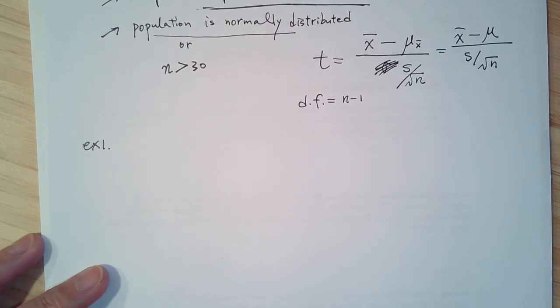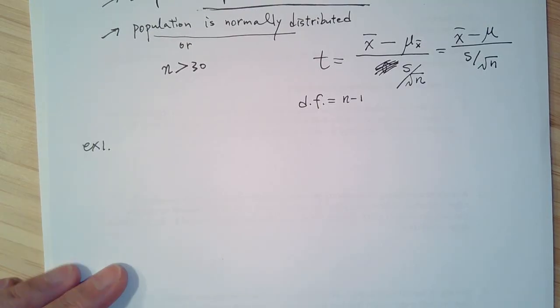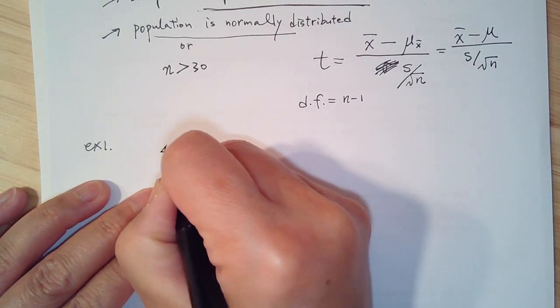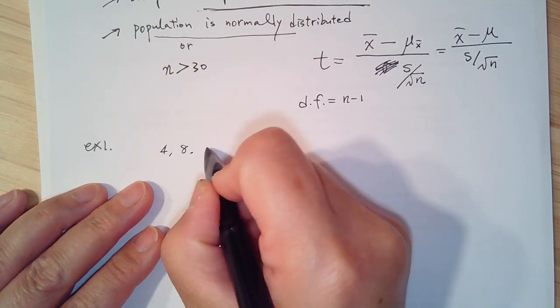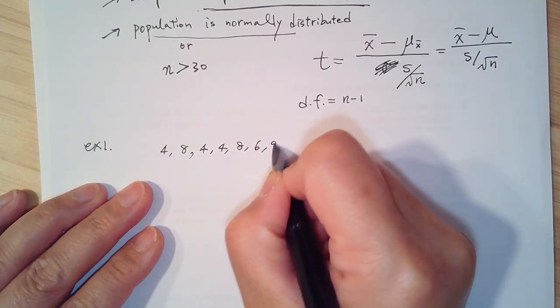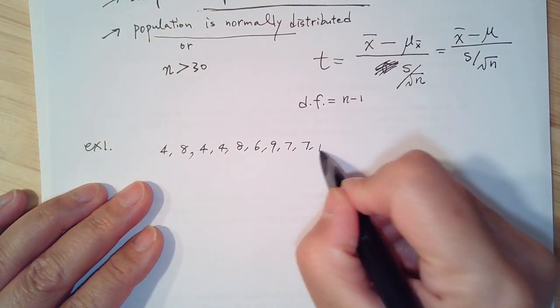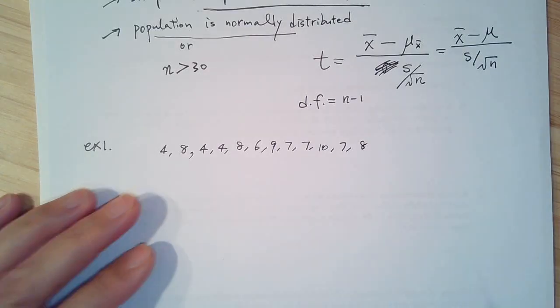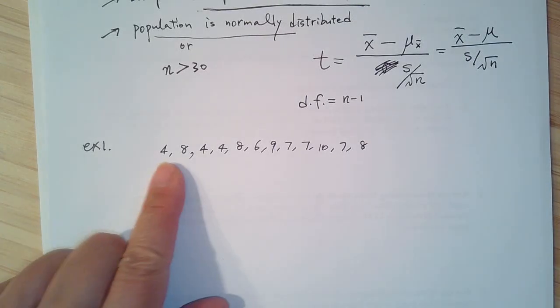The author obtained times of sleep for randomly selected adults included in the National Health and Nutrition Examination Study. And these times in hours are listed below. So they give you the data: 4, 8, 4, 4, 8, 6, 9, 7, 7, 10, 7, 8, 2, 3, 4.